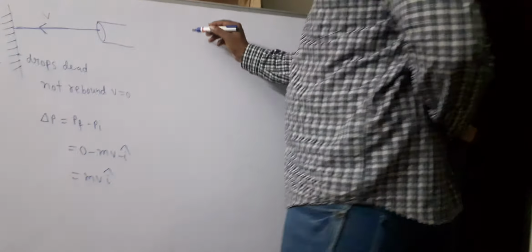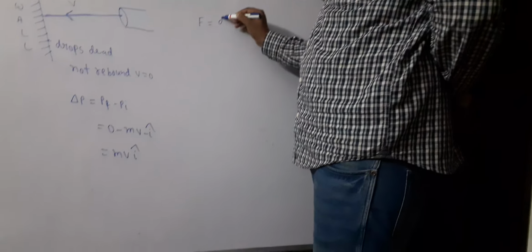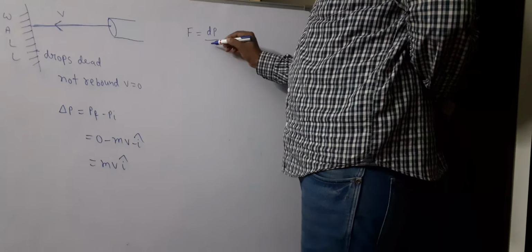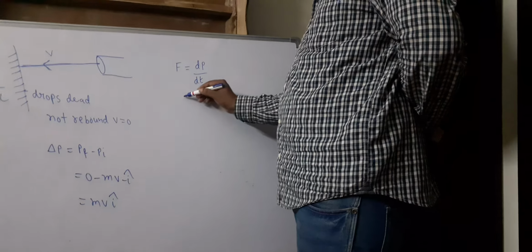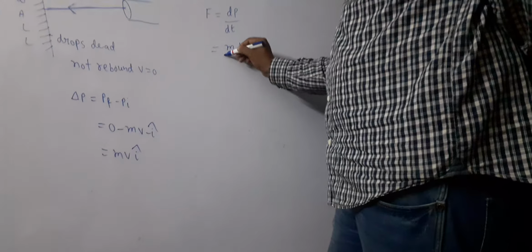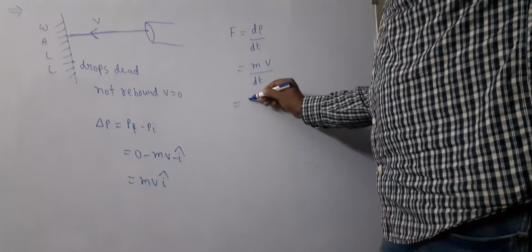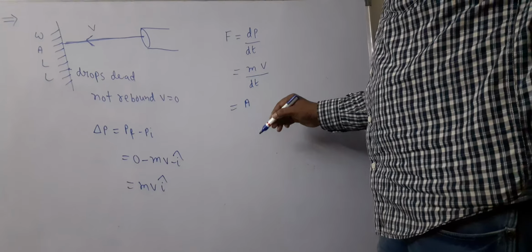In this situation, the force exerted by the water on the wall is given by dp by dt. Here dp is mass into velocity, divided by dt. Mass is volume into density.